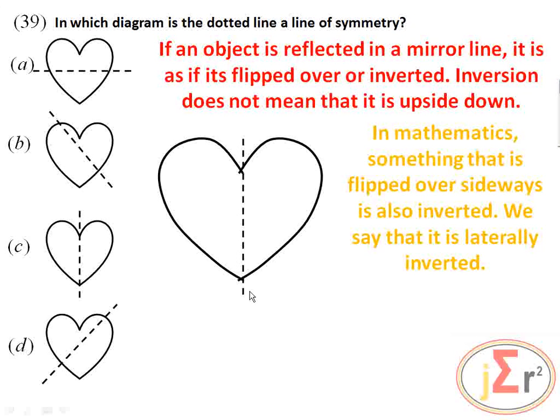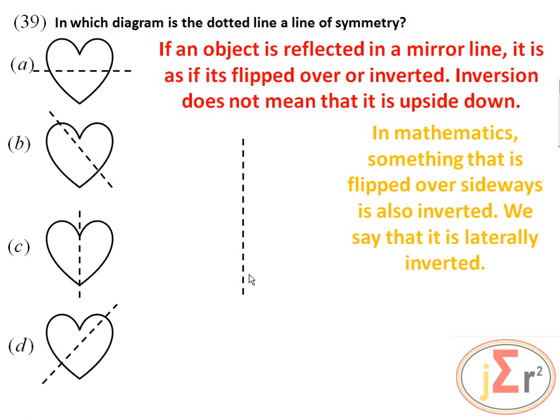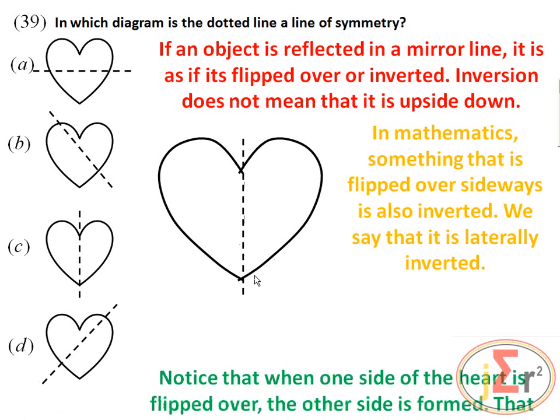So we use this line as our mirror line, and we take half of the heart, and it is generated on this side. We flip it to the other side, and the entire object is generated. So we are sure that the line that we have here is a line of symmetry.